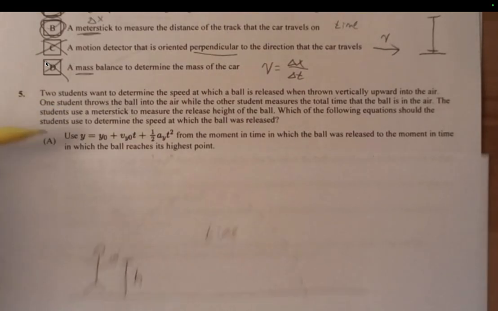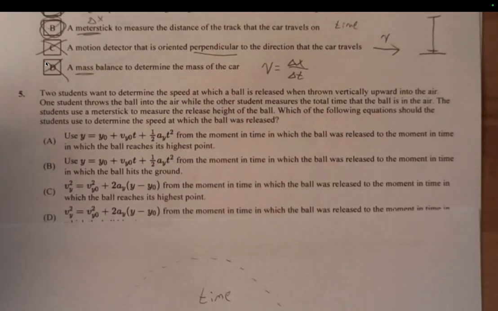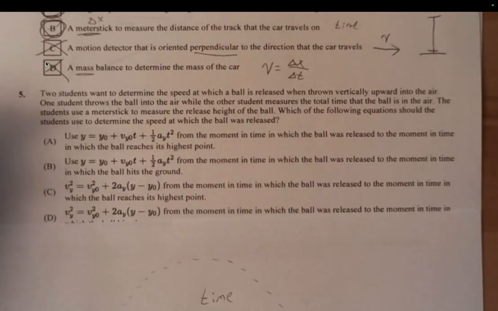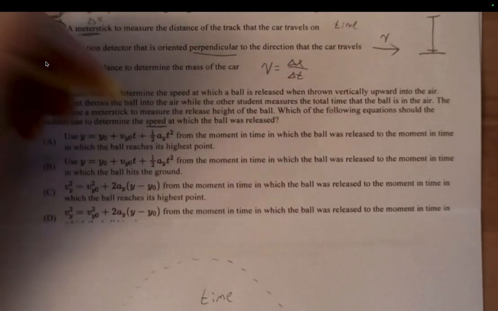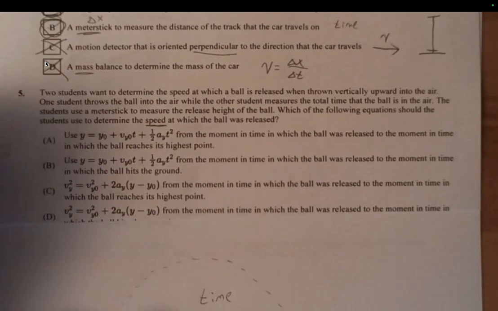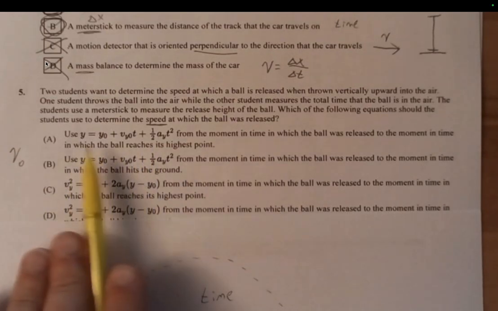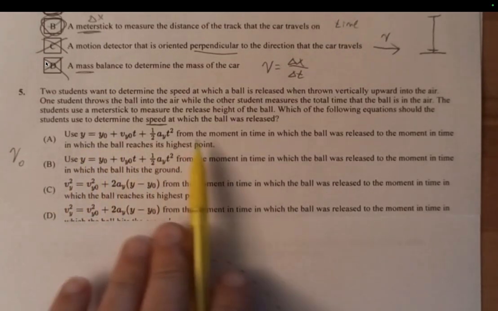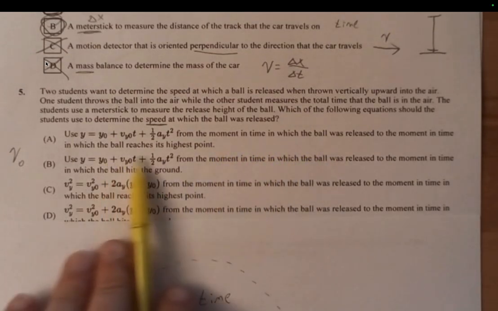So what we're being asked here is which one of these equations could we use? And what we're trying to get is the speed that the ball started with. The speed that this was released. So we're trying to get that v naught. So as we read at this, we use this equation from the moment of time when the ball is released to the moment of time in which the ball is at the highest point.